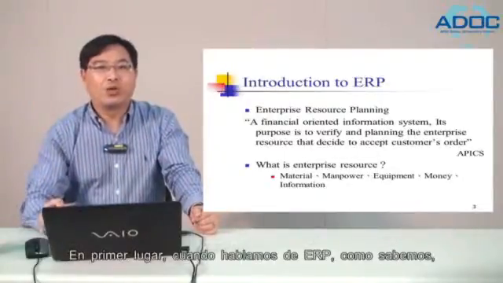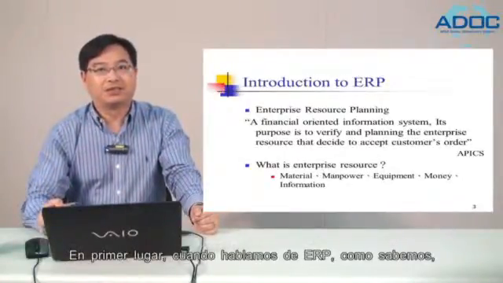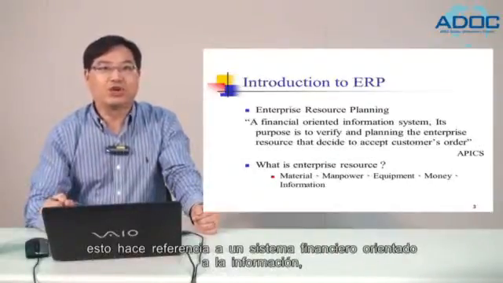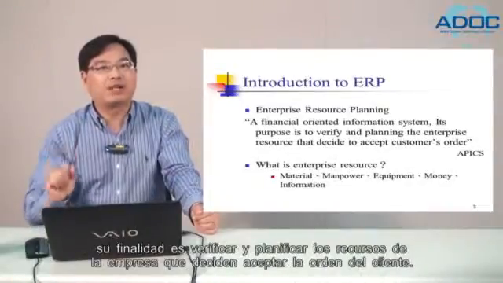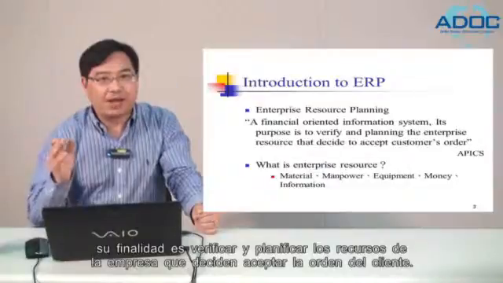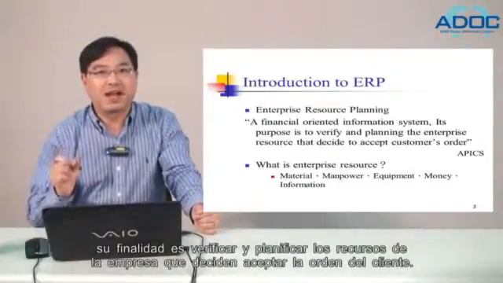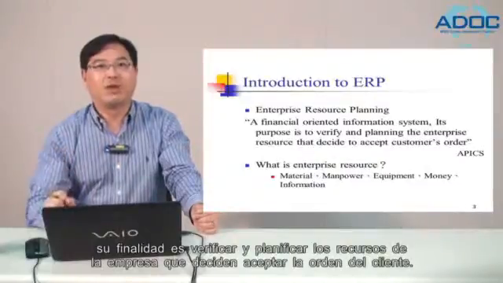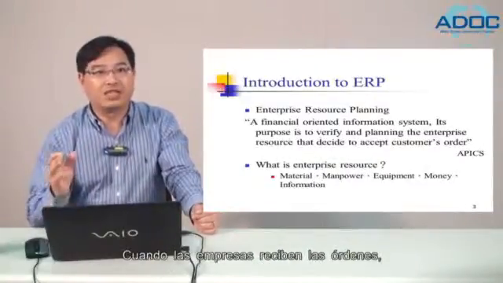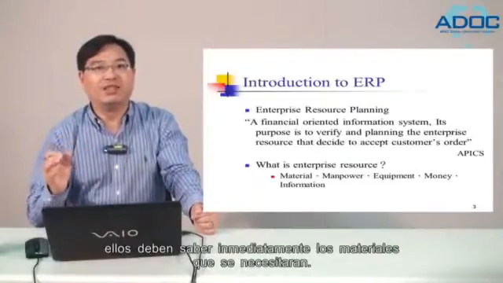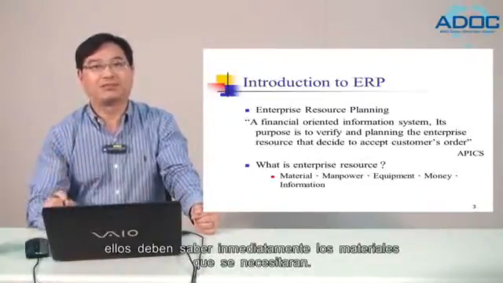First, when we talk about ERP, as we know, it is a financial-oriented information system. Its purpose is to verify and plan the enterprise resources that decide whether to accept customers' orders. When the company receives orders, they must quickly know the need for materials.